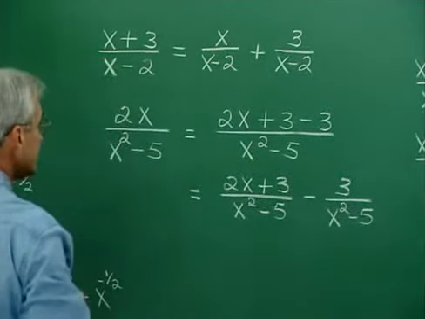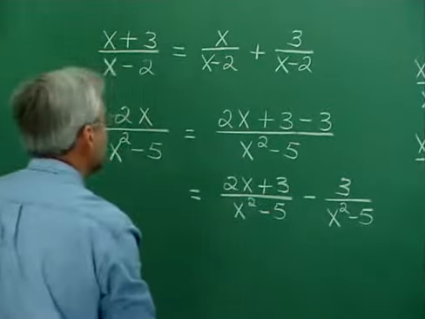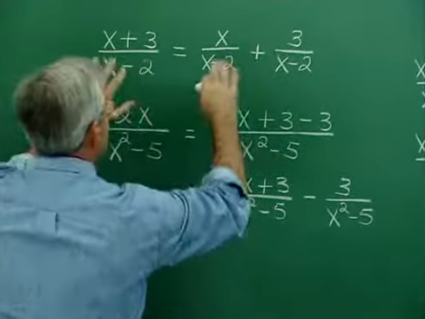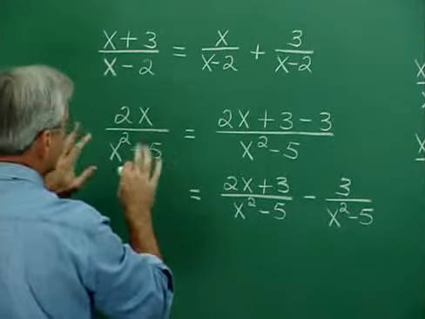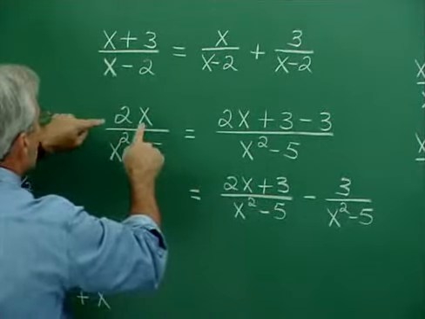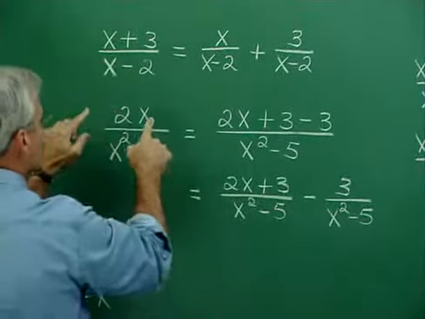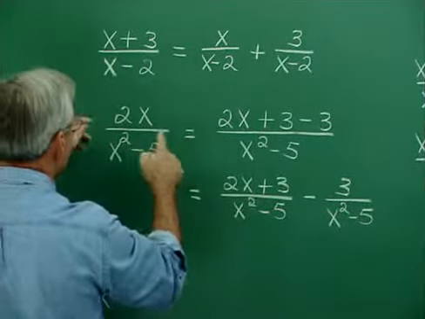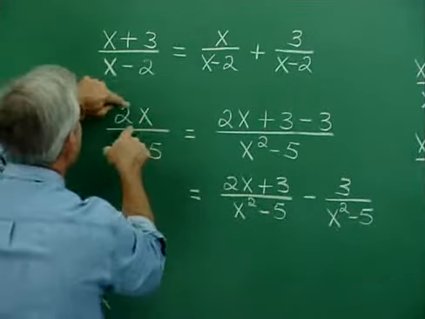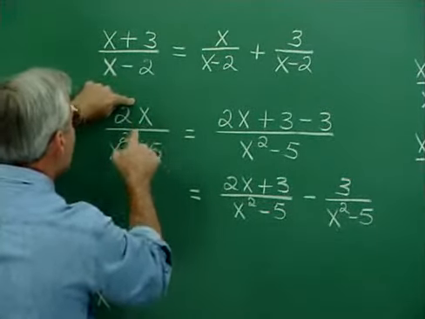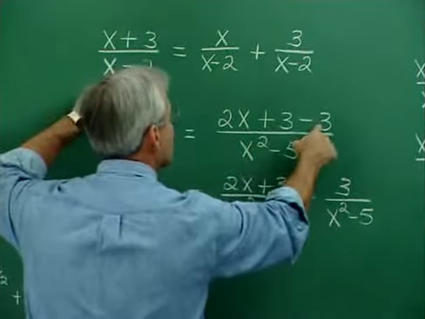Now, an even more creative way to extend that idea is this. Suppose I want to create a certain kind of form in which I have a certain binomial in a numerator. And that binomial is 2x plus 3. Well, I can take this 2x numerator, and in that numerator I can add 3 and subtract 3.